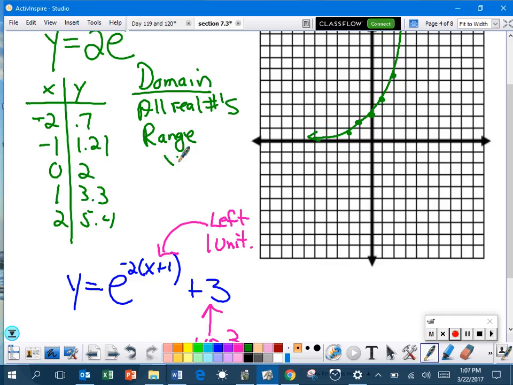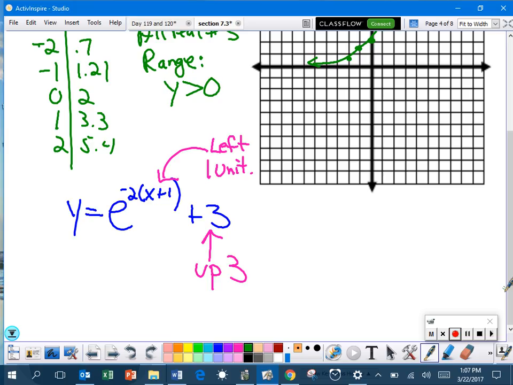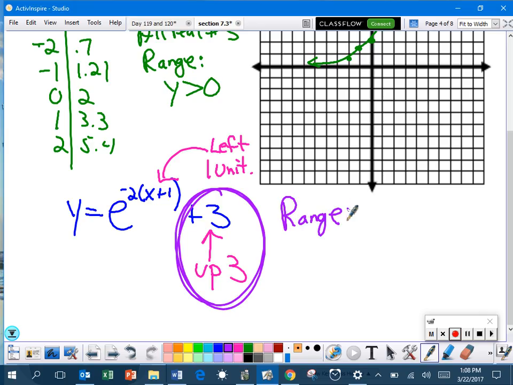So y, and it's going up, so y is greater than 0. On this one, okay, since it went up 3, the range is going to be y is greater than 3. Again, the line would be going up. If you graphed it, you would see that the line is going up.